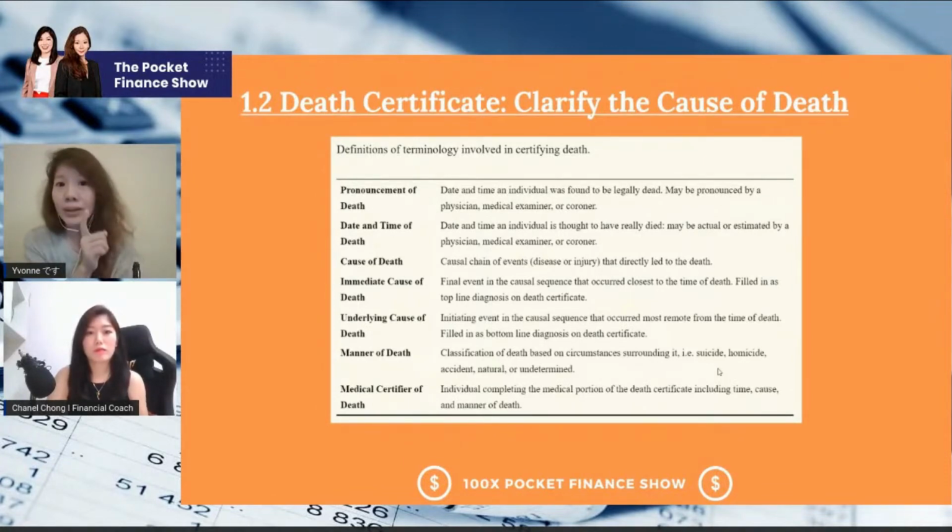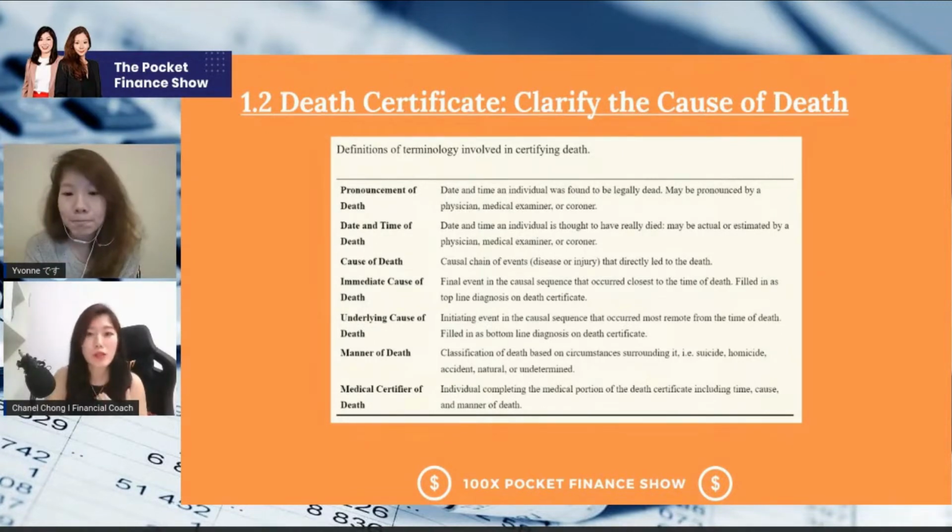The underlying cause is very important when it comes to insurance. Then manner of death, and medical certifier of death. These are the terminology involved in certifying the death certificate, and all of these are important to proceed to what we shared on the earlier page.